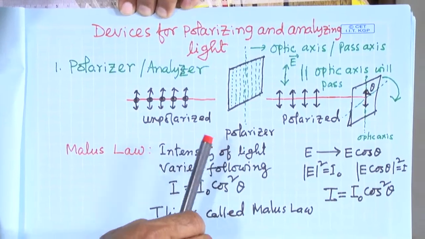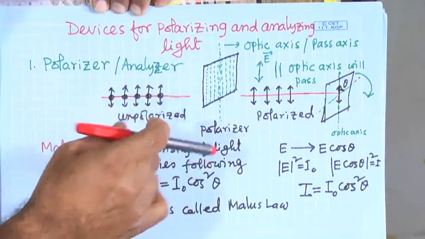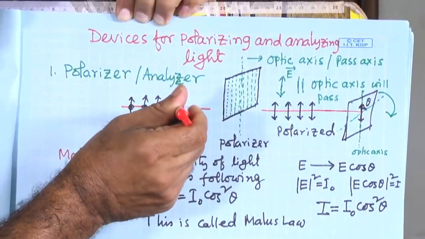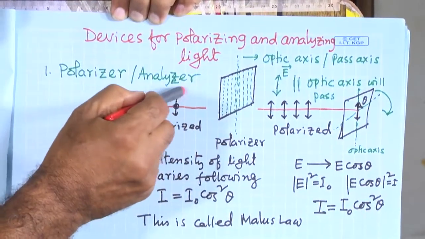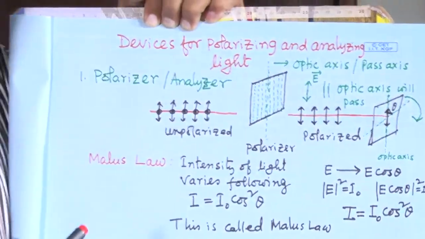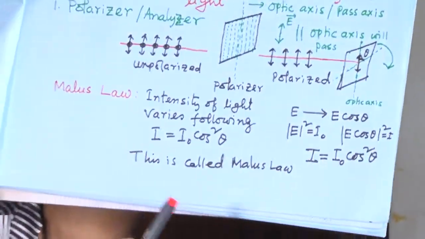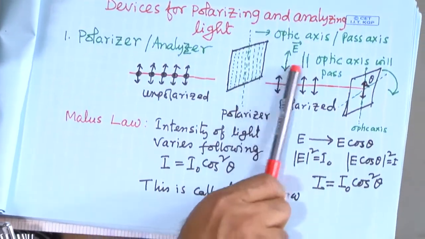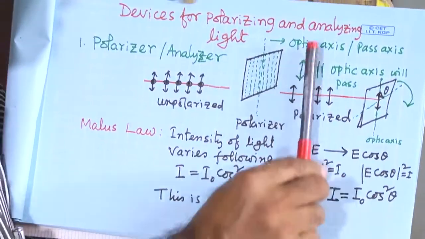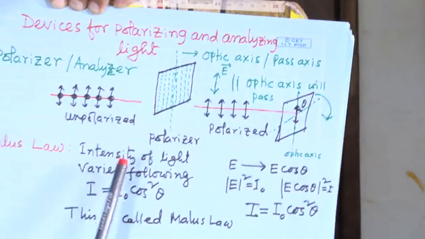Or if I put it in such a way that the optics axis is parallel to this, then this component will not be there, only this component will be there, and then also it is polarized light. So, the electric component is along this direction, and its magnitude is constant.